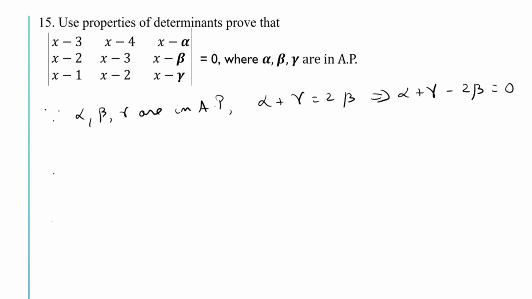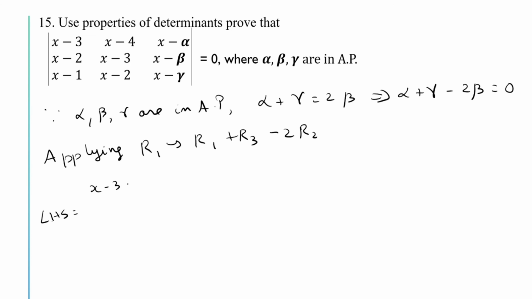So let us take the given determinant as delta, that is the left hand side as delta, and apply R1 changing to R1 plus R3 minus 2 R2. So when we apply this, we will get the left hand side is equal to x minus 3, R1 plus R3 is x minus 1, minus 2 into R2.